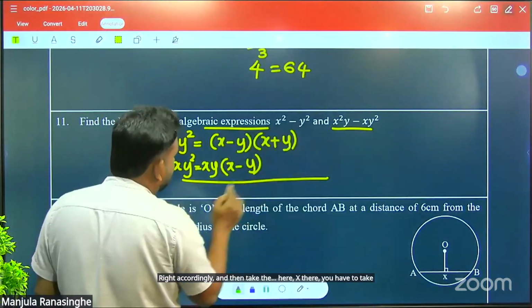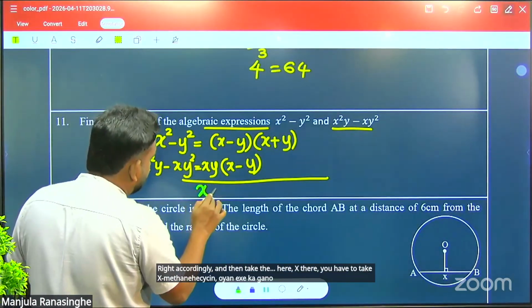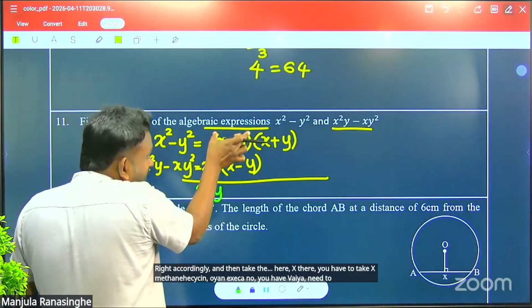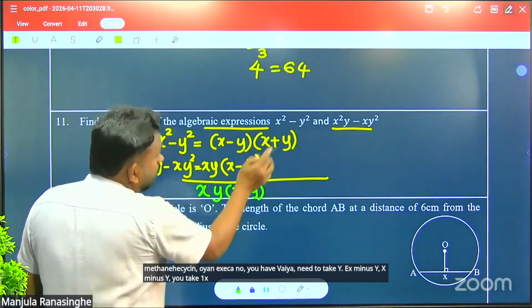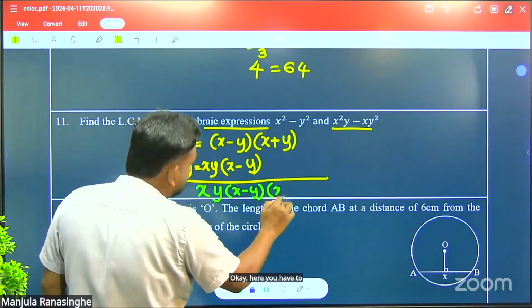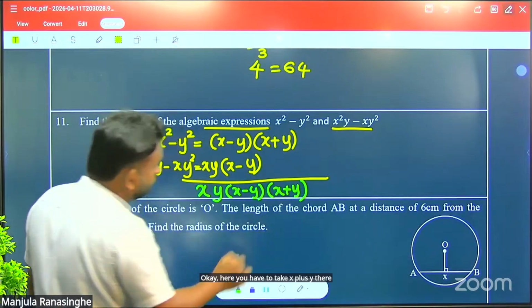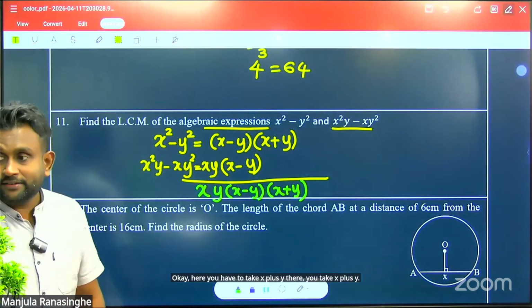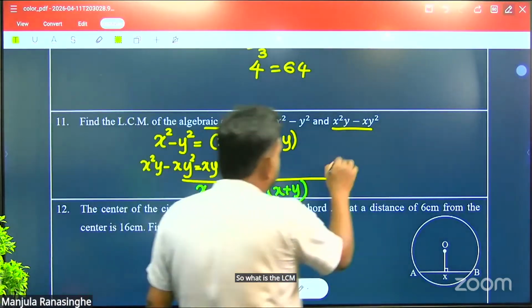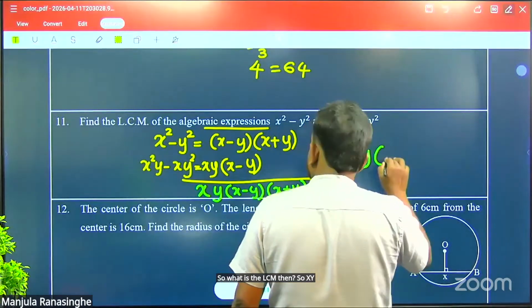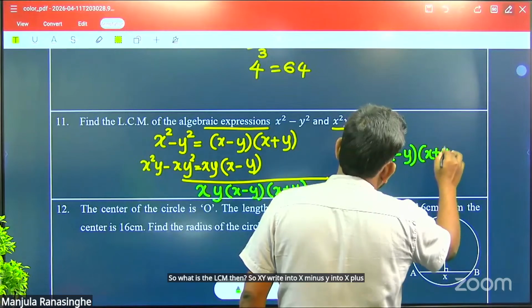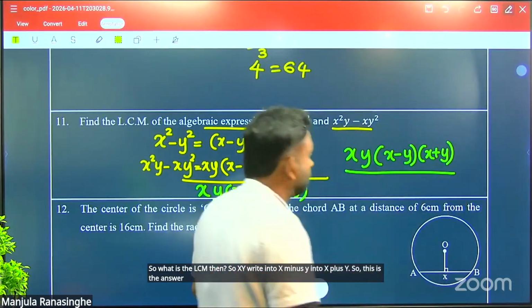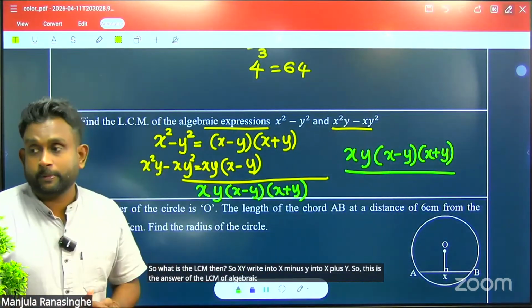You have y there, need to take y here, x minus y, you take one x minus y there. Here you have to take x plus y. So what is the LCM then? xy into x minus y into x plus y. So this is the answer of the LCM of algebraic expressions.